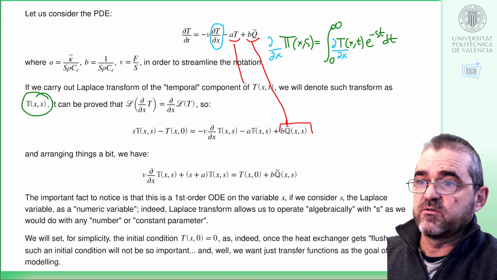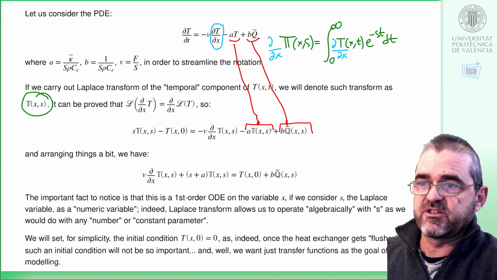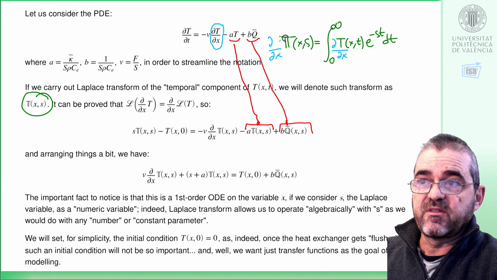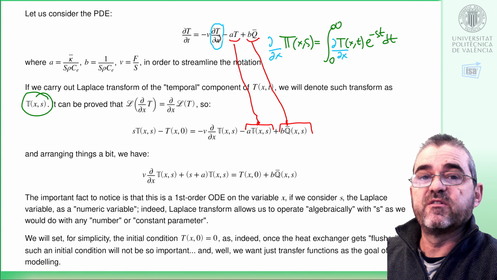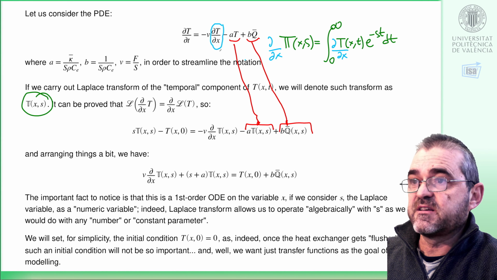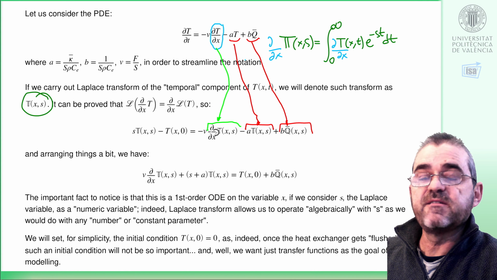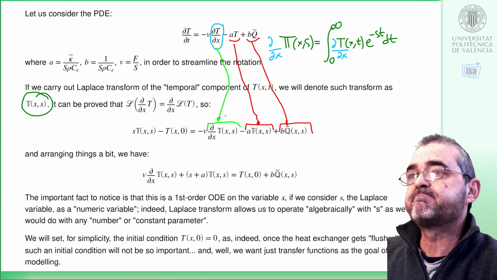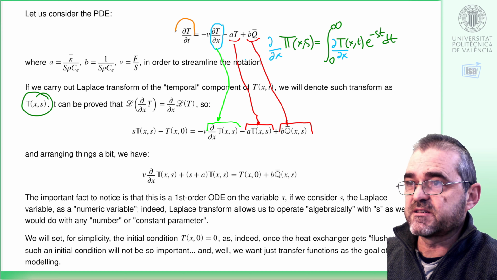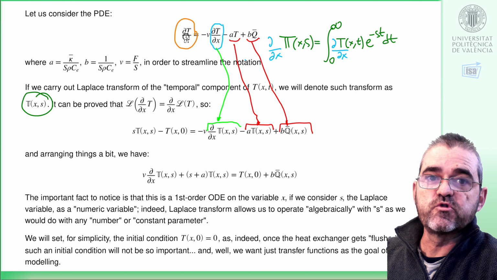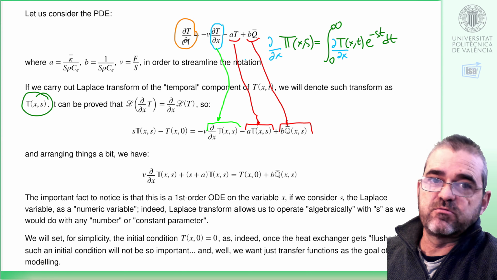Then AT, of course, the Laplace transform is just A times the transform of T. The thing we had here, the Laplace transform of this spatial derivative, is the spatial derivative of the Laplace transform. And finally, this is the usual bit in control.